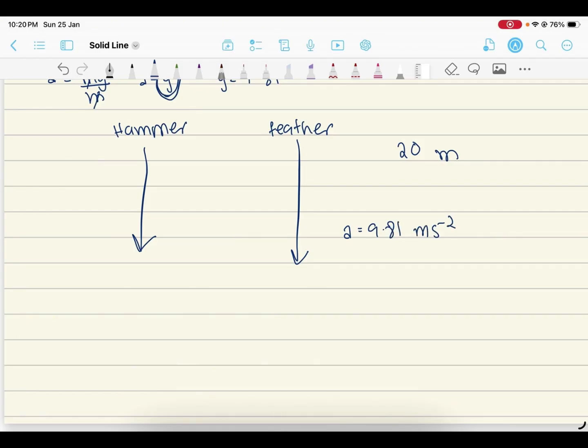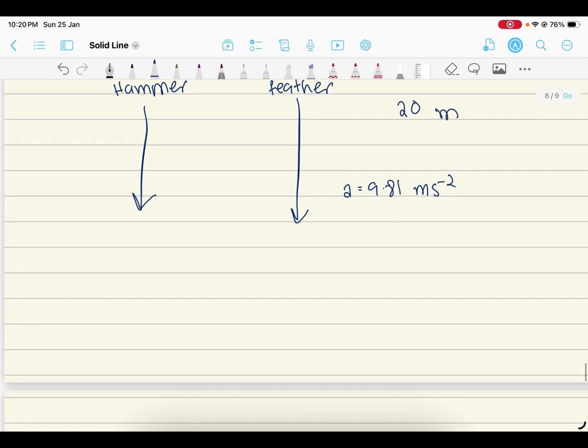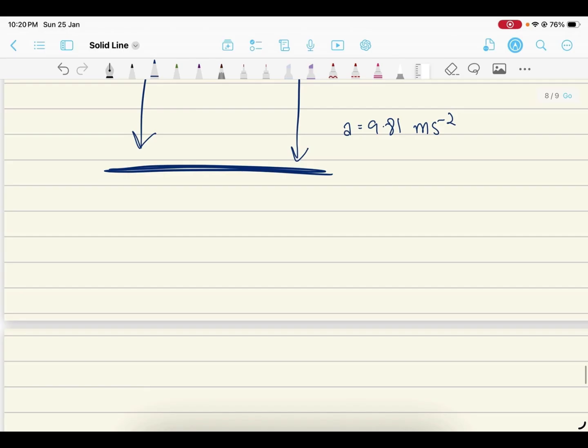In other planets the acceleration will be different, but on Earth it's going to be 9.81. And I think in your syllabus you just have to know 9.8 maybe. They both will land on the ground at the same time. This is without air resistance. This is free fall, which is falling of an object in a vacuum.